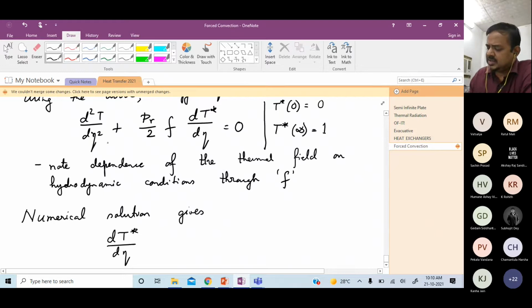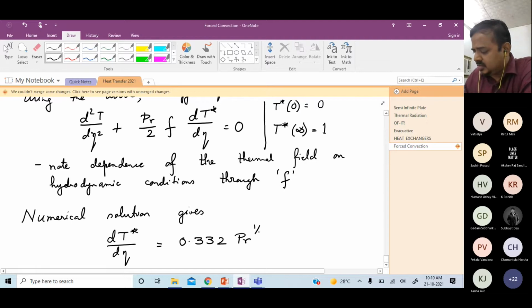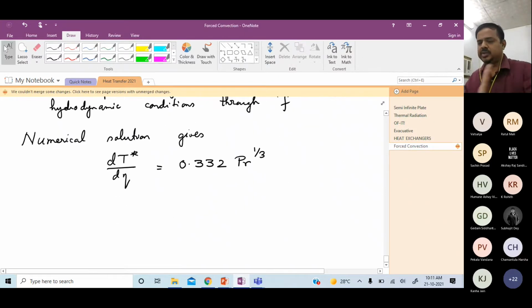If you take it to the other side and then take the log, put the value of f, all that stuff, you get 0.332 Prandtl to the power 1/3. You just have to trust me here. We are not proving it. The numerical solution.